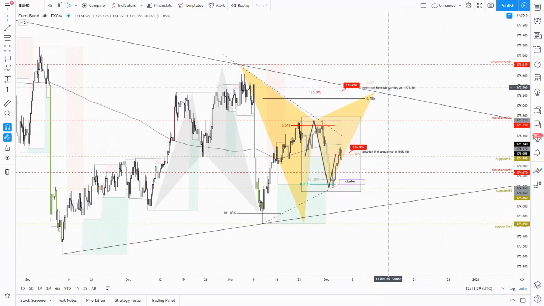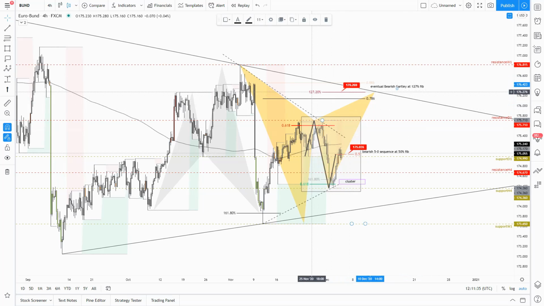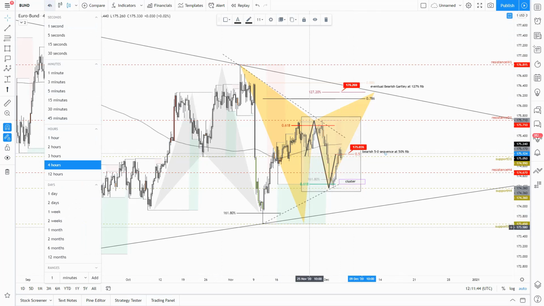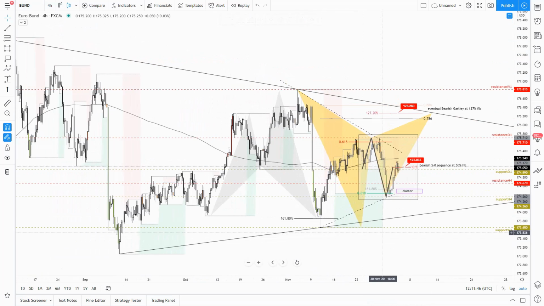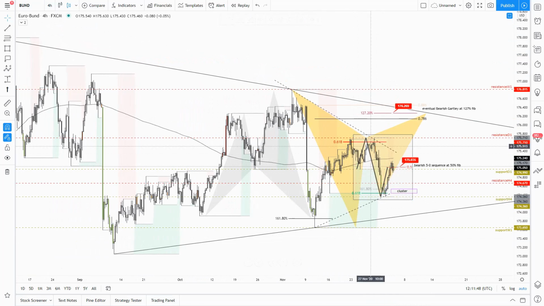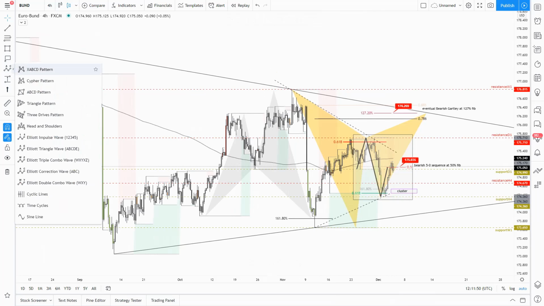Now, this is the Bund with the bearish Gartley pattern projected at 176, basically 127% Fibonacci extension level. We have also the bearish 5-0 sequence on a lower degree or a lower time frame. You can see this as a bullish shark pattern completed there.